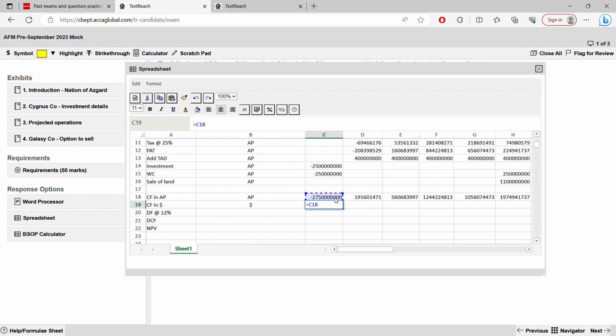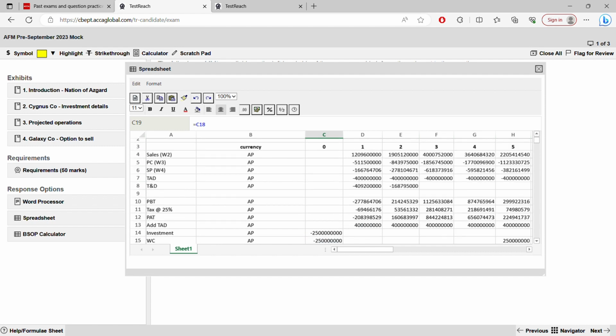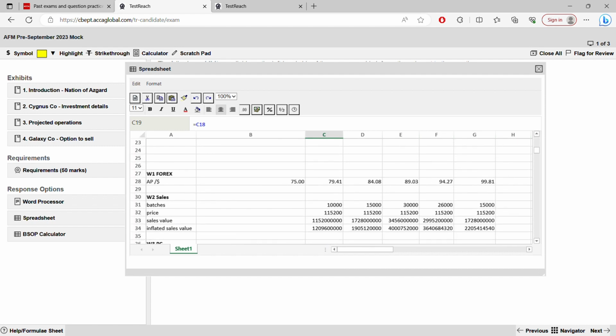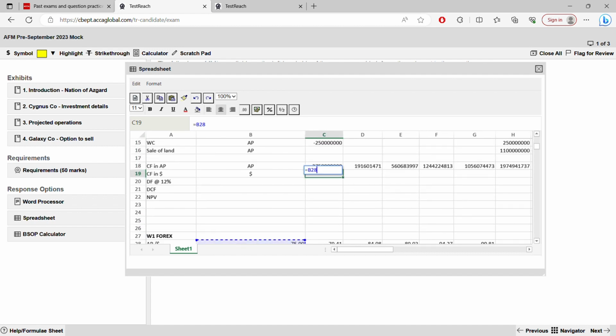Okay, you have to take 75. So we'll go up and do it. Sorry, down here. But it's in a different cell. You see? So when you do the function, it will not automatically take it because it's in column B and yours is in C. So just take 75. I'm sorry. You have to divide this by 75.